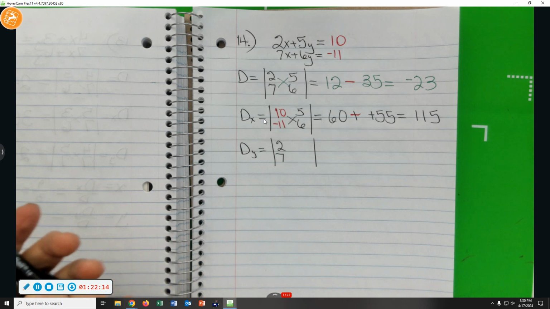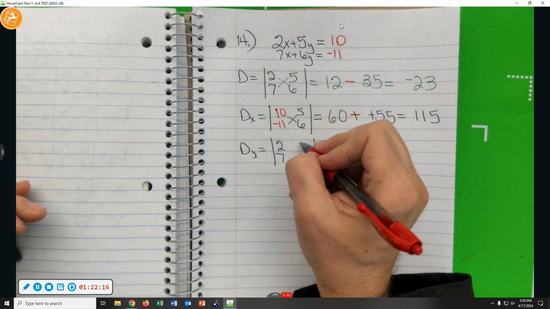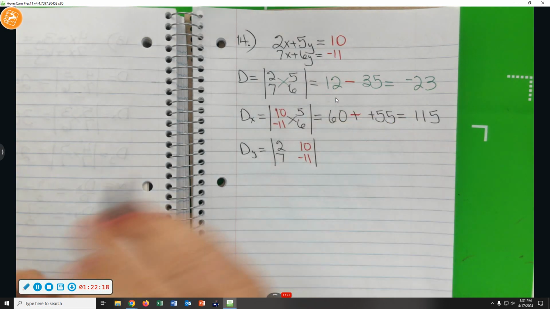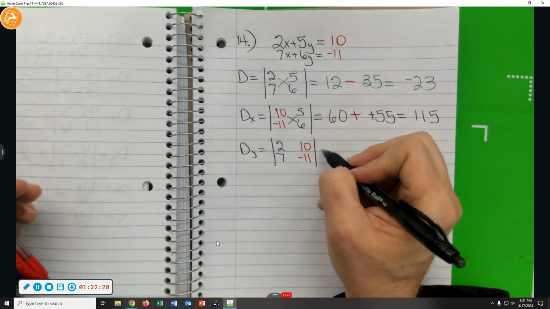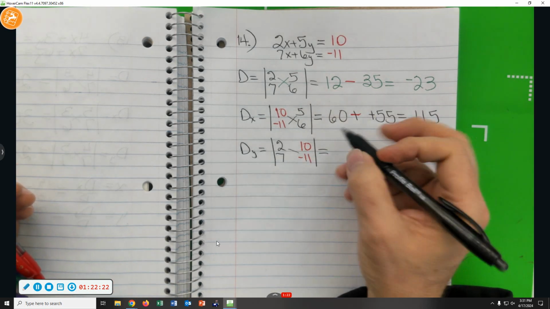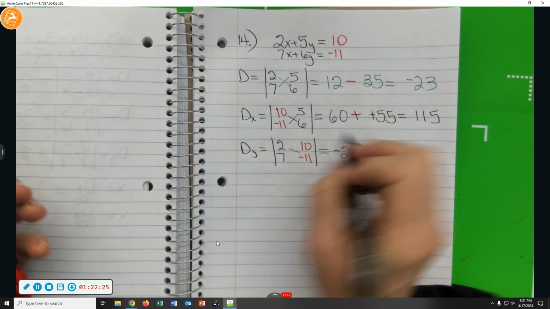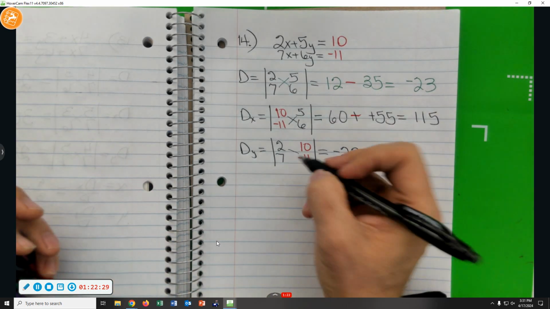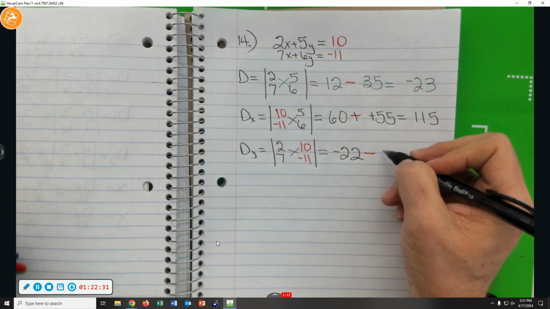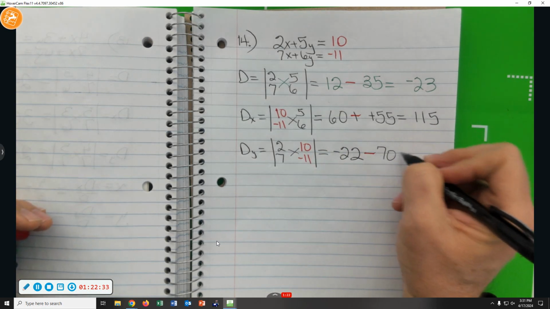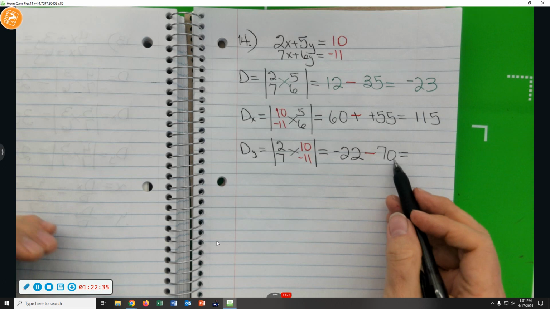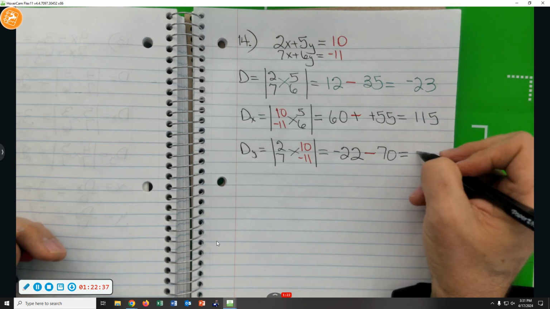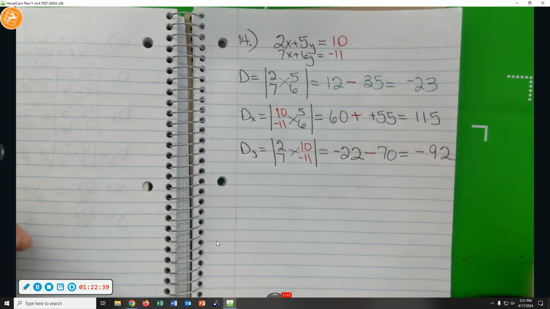That's a Y, so the Y column gets the 10 and negative 11 now. That gives me a negative 22 minus, what are we going to have there? 70. Negative 22 minus 70 gives me a negative 92.